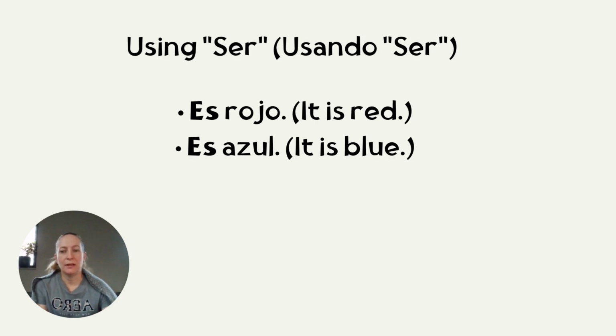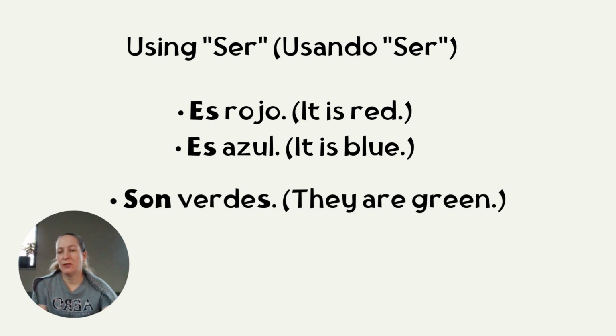And if it happens to be that we have many of something, like we're describing them as being green, they are green. Son verdes. Son verdes. So we have es rojo when it's one thing that's red. And es azul, it's blue. It's still one thing. Son verdes. They are green.